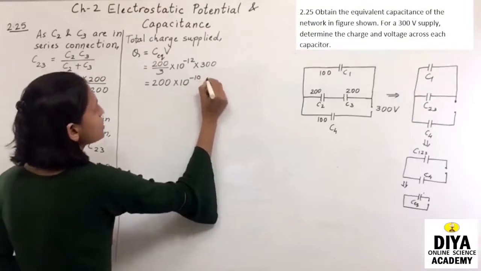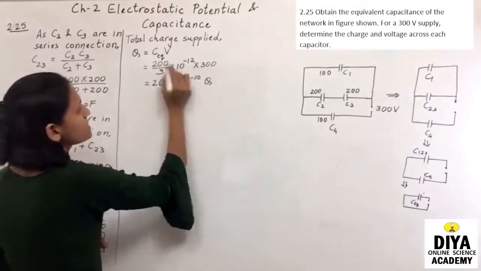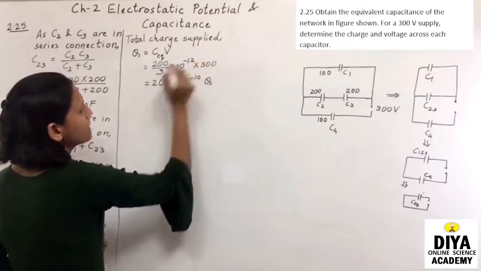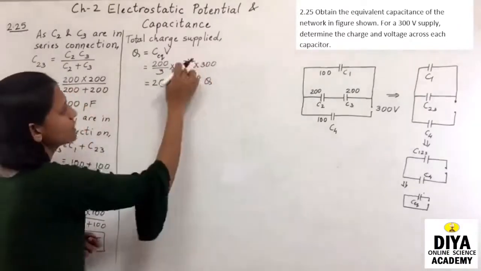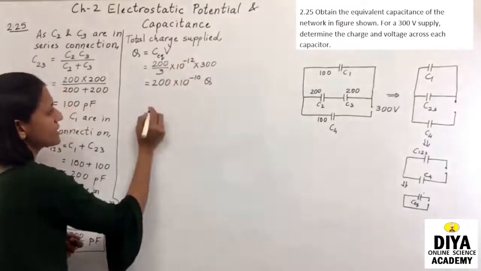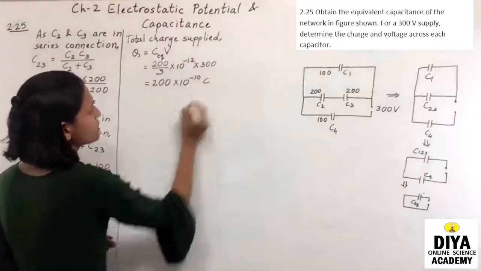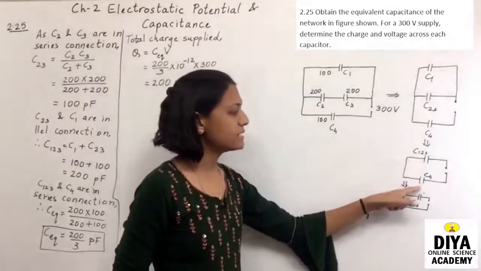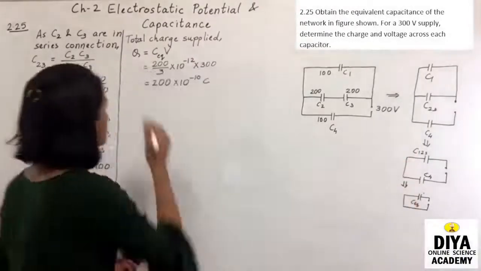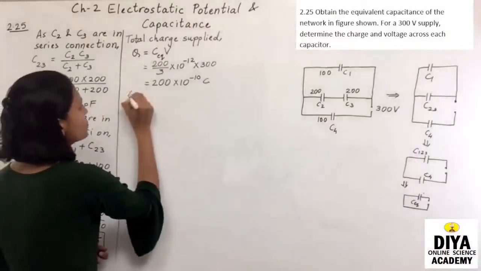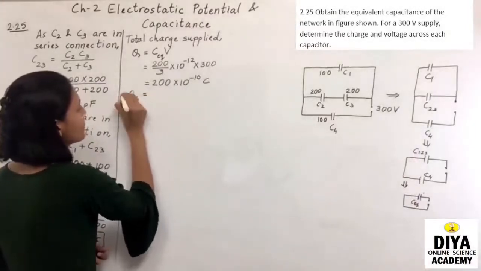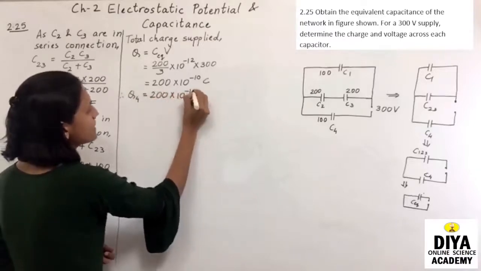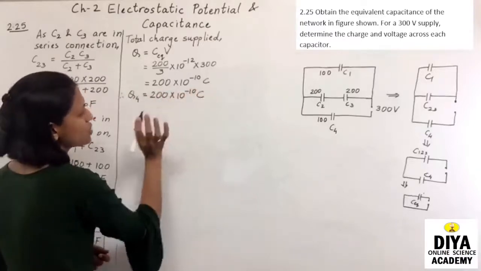So that is Q. The 3 will get cut, 100 into 10 raised to 2, 10 raised to minus 12, so 10 raised to minus 10 Coulomb. So this is the total charge that is being supplied. Now that will be given to C4. So this Q is actually equal to Q4 also. Therefore Q4 equals 200 into 10 raised to minus 10 Coulomb, or 2 into 10 raised to minus 8 Coulomb.